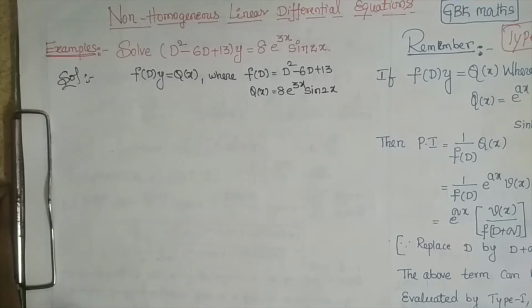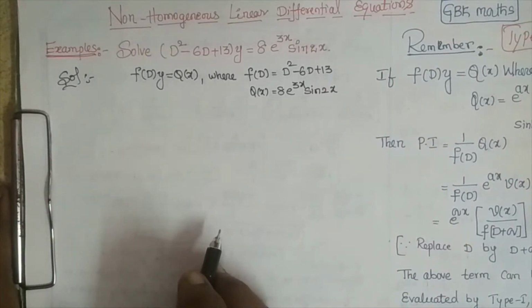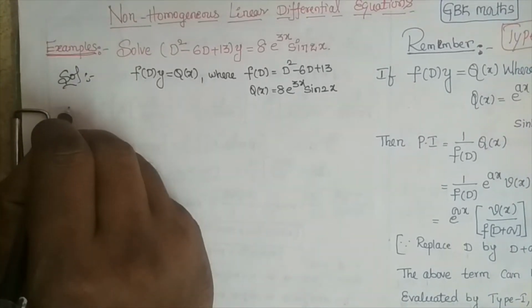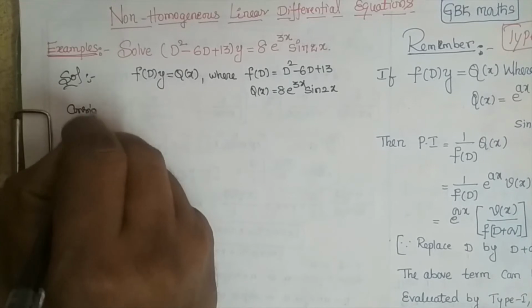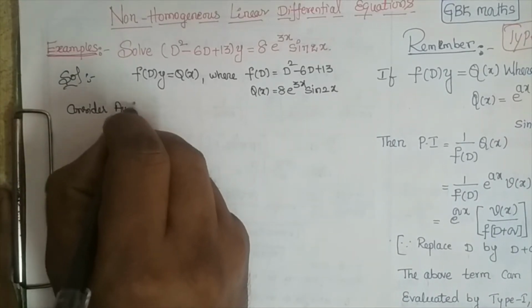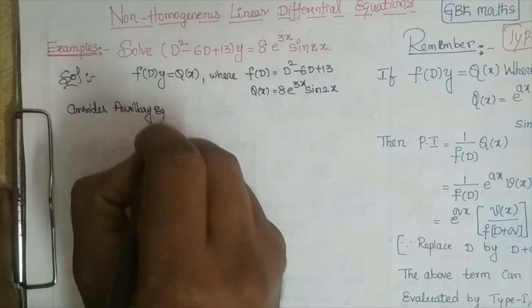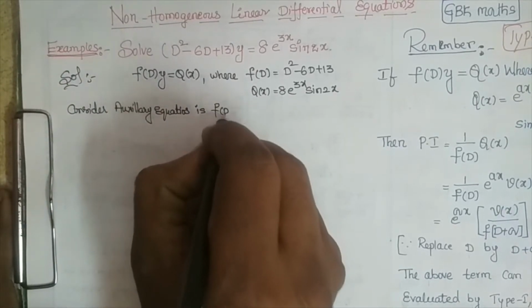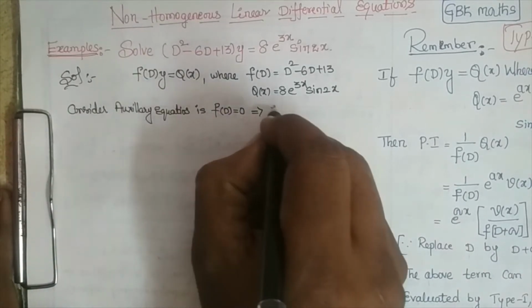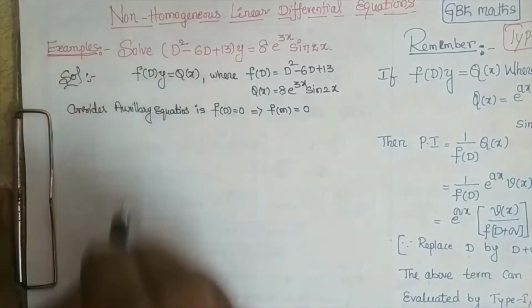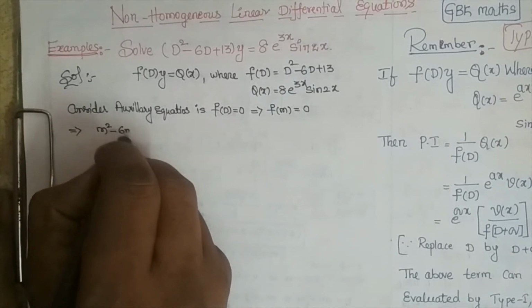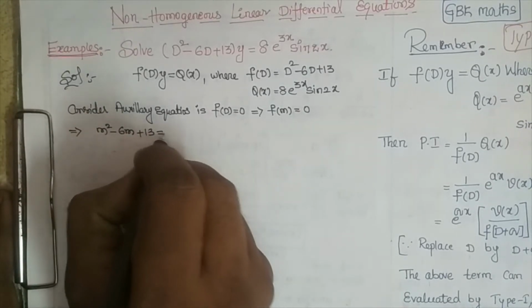Now we are going to find the complementary function. Before that, let us take the auxiliary equation of the given differential equation. The auxiliary equation is f of D is equal to 0, which implies f of m is equal to 0, which means m square minus 6m plus 13 is equal to 0.